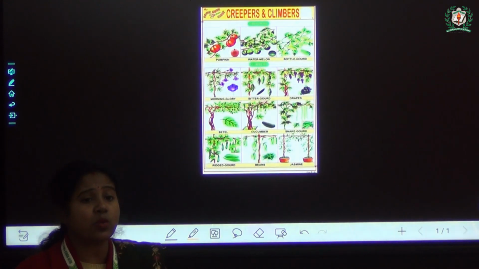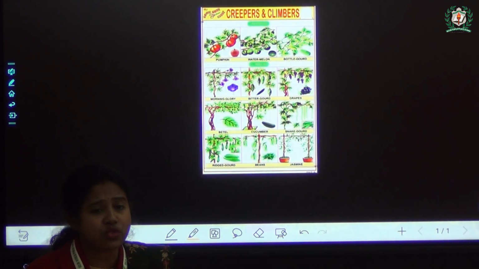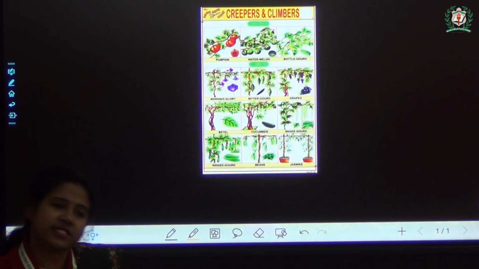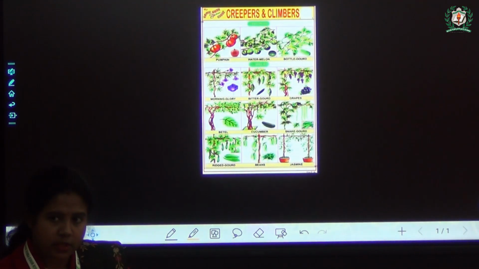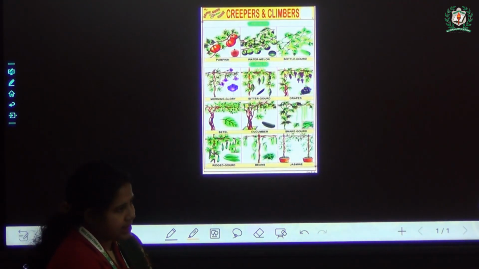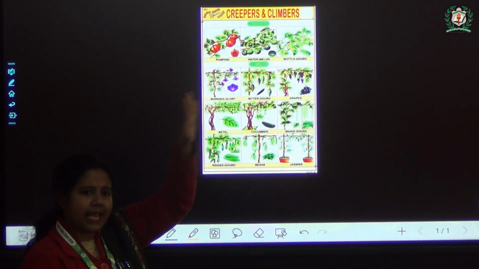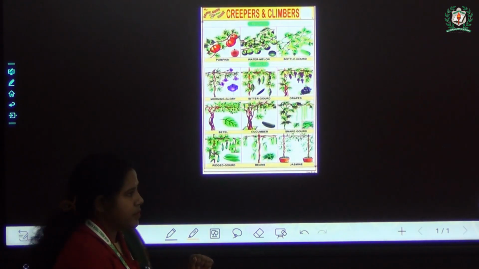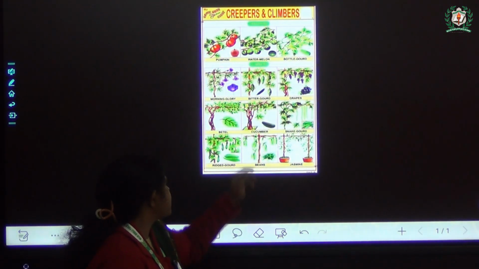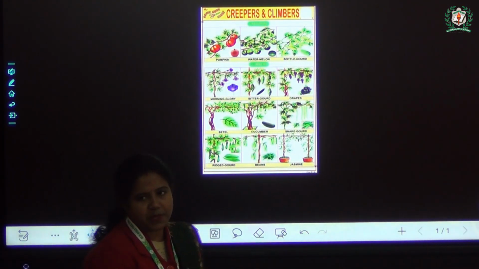Other plants, those who are strong, the strong plants, or the sticks. They take help of those things and they grow up and climb. The common examples, I told you, are grapes, cucumber, beans, jasmine.